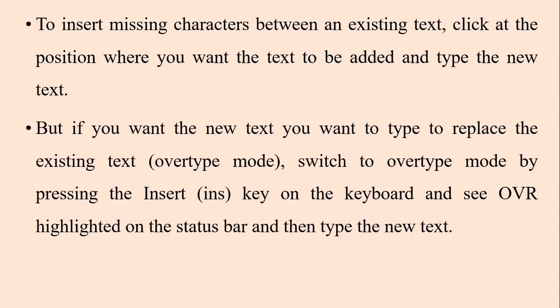But if you want the new text you type to replace the existing text, that is what we call the overtype mode, switch to overtype mode by pressing the Insert or Ins key on the keyboard. And once you see OVR, that is over, highlighted on the status bar, then proceed and type your new text.